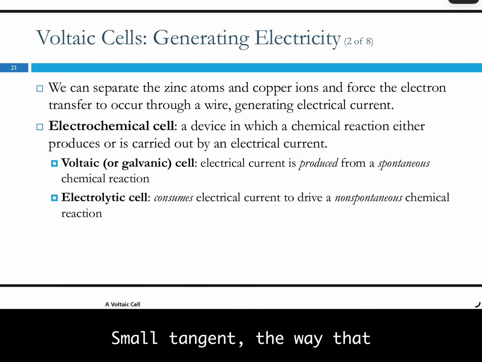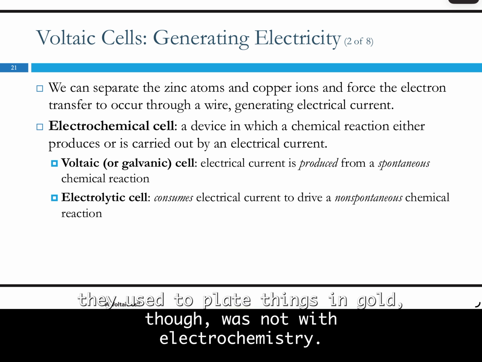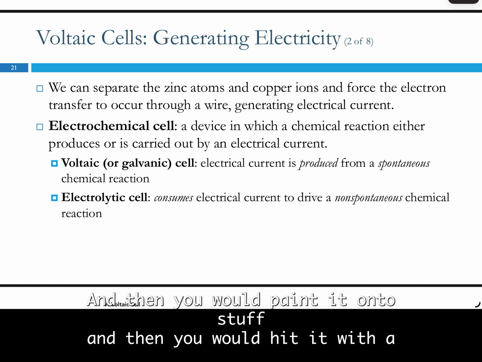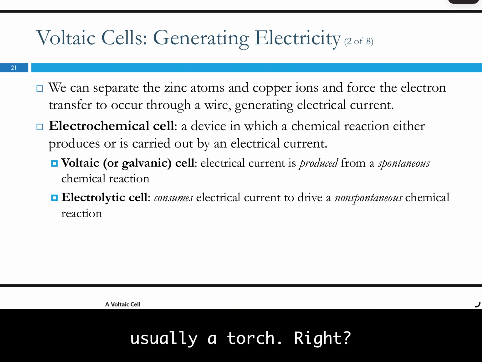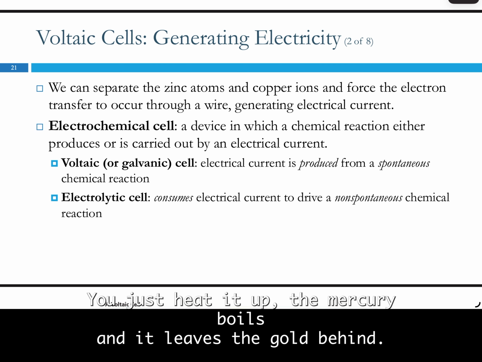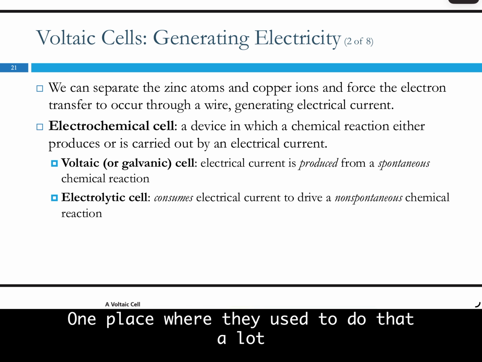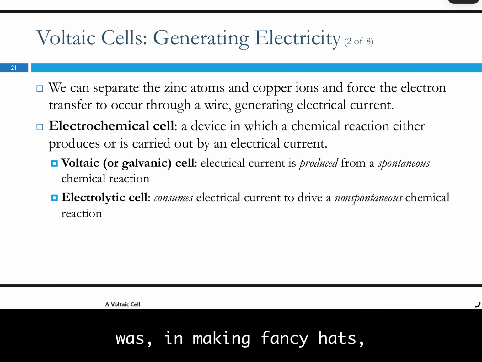Small tangent: the way that they used to plate things in gold was not with electrochemistry. They would mix it with mercury, because gold dissolves in mercury, and then you would paint it onto stuff, and then you would hit it with usually a torch. You just heat it up, the mercury boils, and it leaves the gold behind. One place where they used to do that a lot was in making fancy hats, which is why the Hatter is mad.